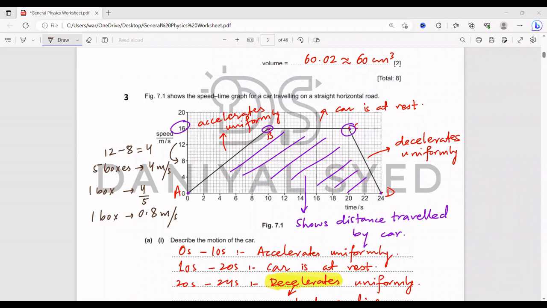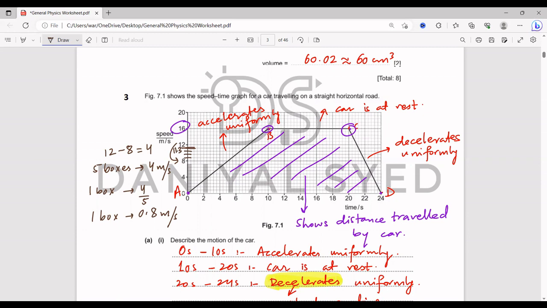So this is 8.8, and 8.8 plus 0.8 is 9.6. 9.6 plus 0.8 is 10.4, and 10.4 plus 0.8 is 11.2. So this is approximately 11.3.